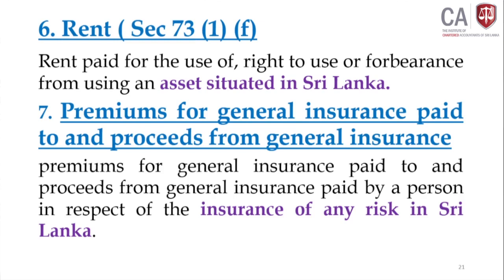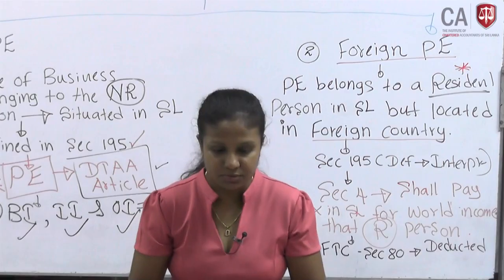Premiums for general insurance paid to and proceeds from general insurance, the two things we are talking about, paid by a person in respect of the insurance of any risk in Sri Lanka. For any risk in Sri Lanka, if it has been paid, then it is the source of payment. Okay.